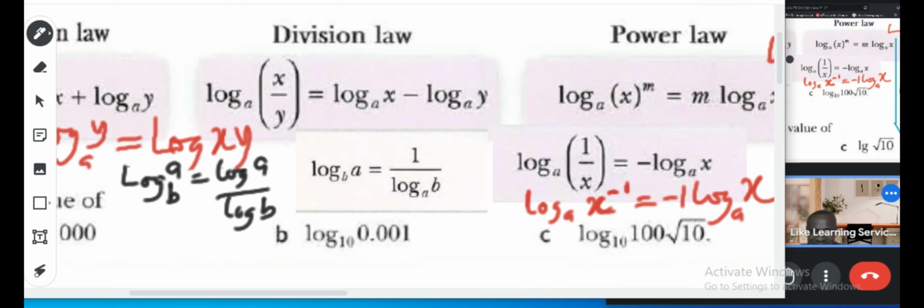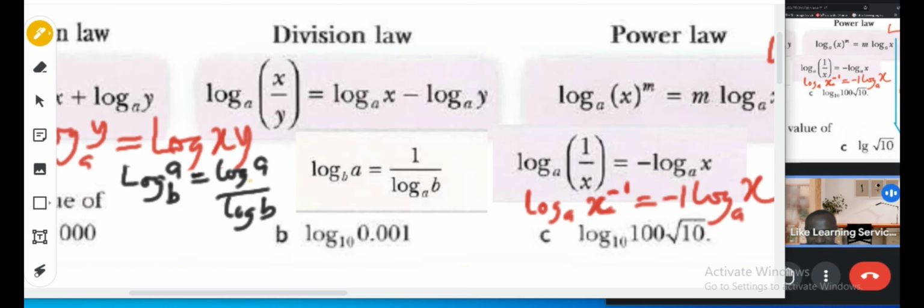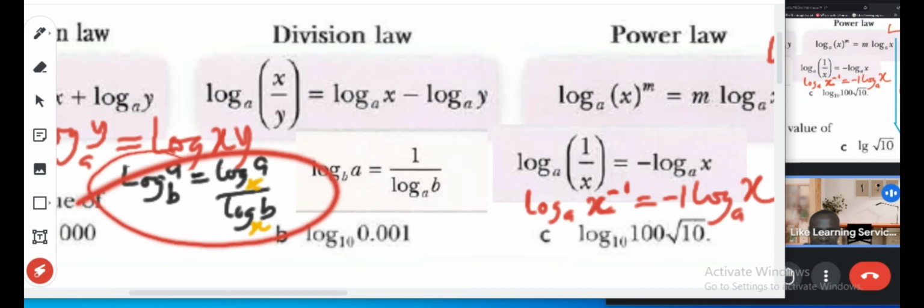Log of a in base b is the same thing as log of a over log of b in any given base. Let me just call that base x. Any given base x, any base. Just use a common base for both of them. Read out what I just wrote now.